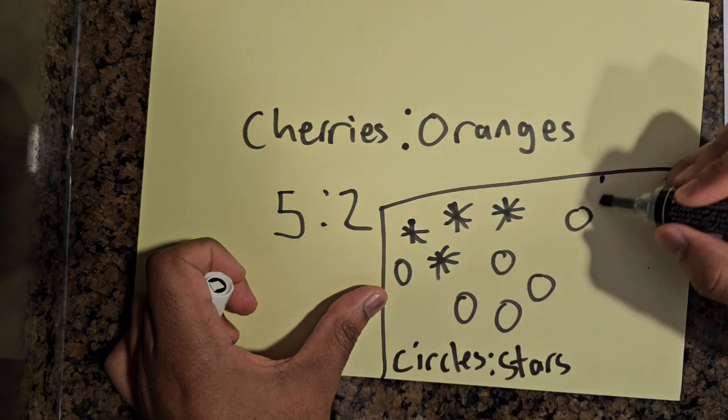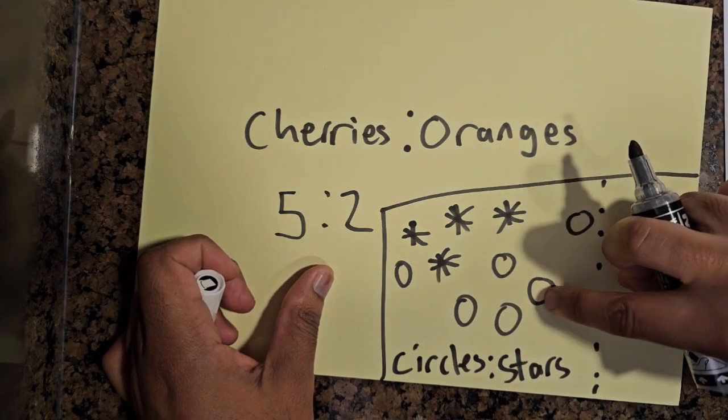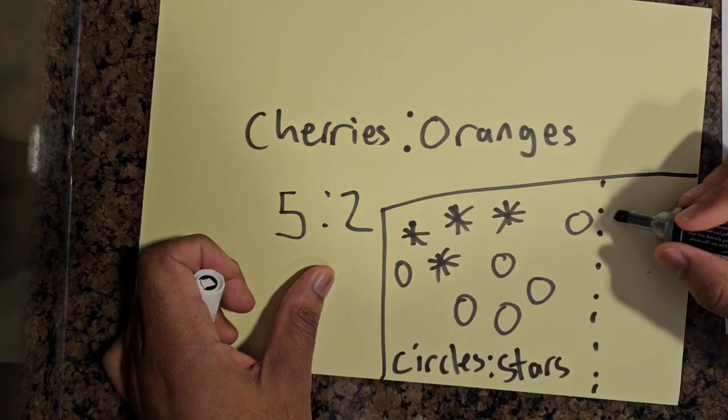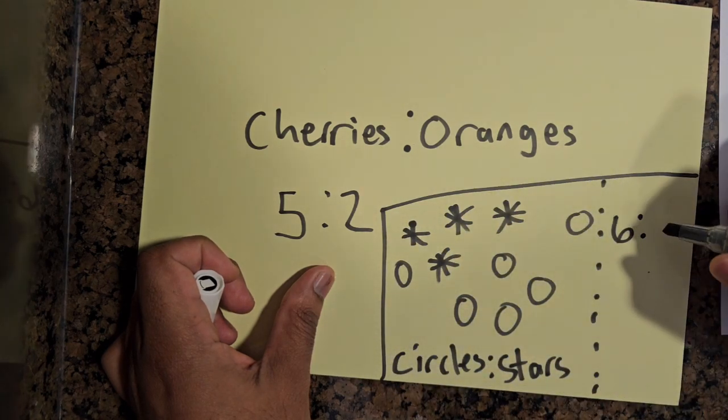Then we would count these, right? So the amount of circles is 1, 2, 3, 4, 5, 6. So we put 6 over there. Is to 1, 2, 3, 4.